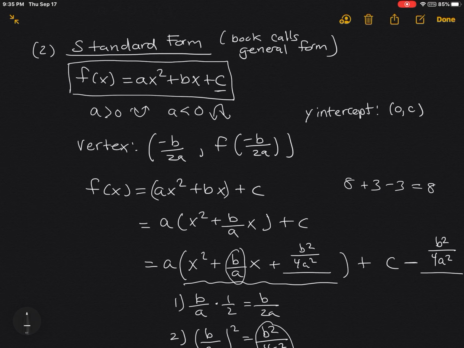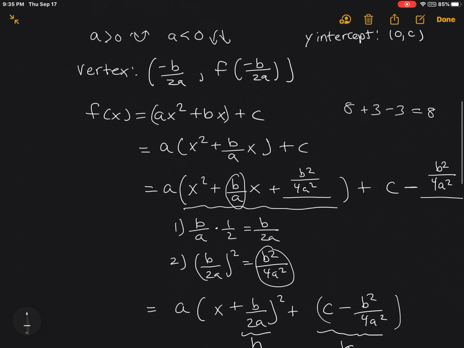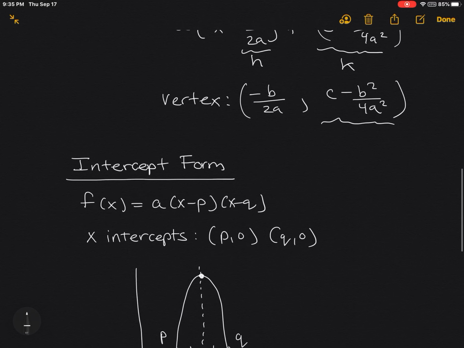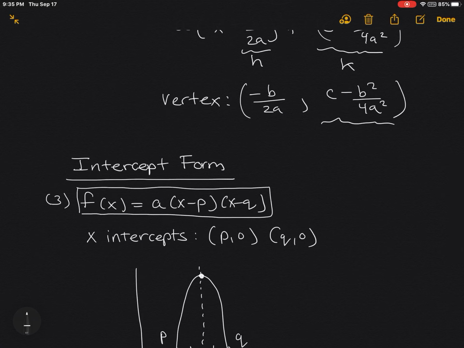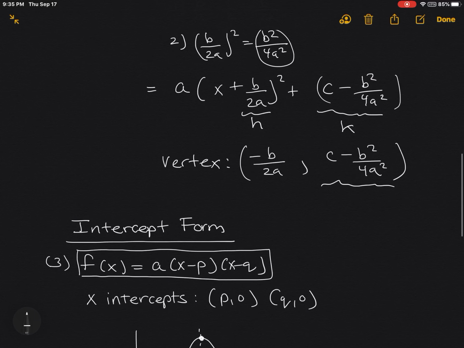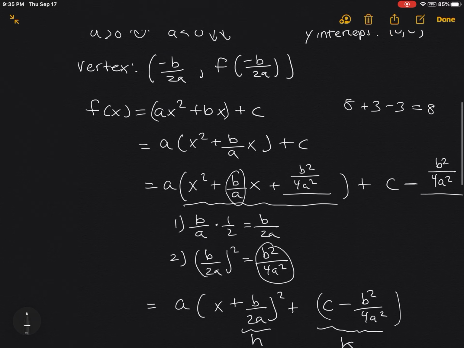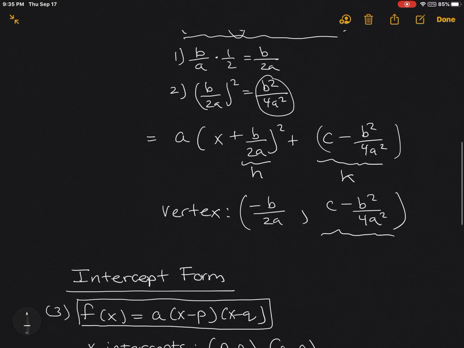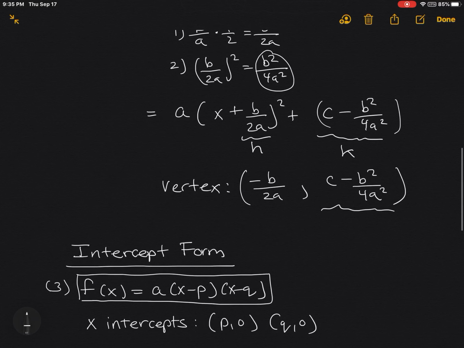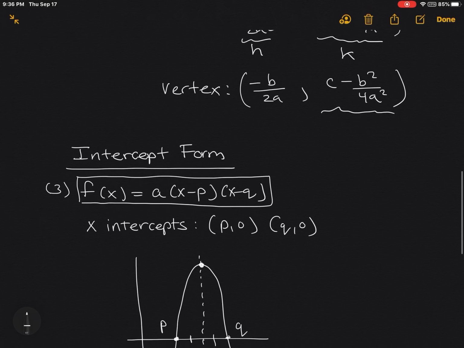Just this last number right here. Okay, so we've covered 3 different forms so far. And you need to be familiar with all 3 forms, and you need to know how to go from form to form, right? If I say, hey, convert from intercept form to standard form, how would you do that? You would FOIL. Basically, this is a binomial, and I FOIL and multiply by a, right?